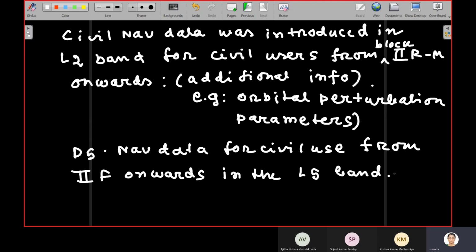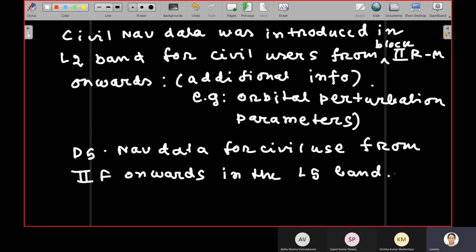So if we can eliminate the ionospheric error, we can improve the accuracy to a great extent. This is why capability for dual frequency processing is desirable. Now, in earlier design, they provided the dual frequency capability only for the military. Civilian users did not have. Later, from 2RM onwards, they introduced dual frequency capability for the civilian user as well, but in the L2 band.